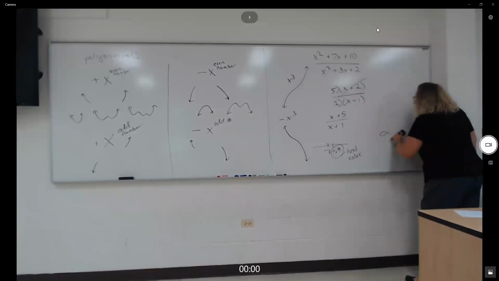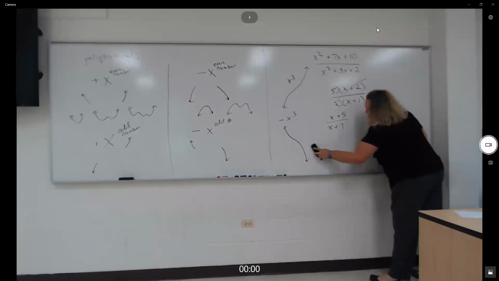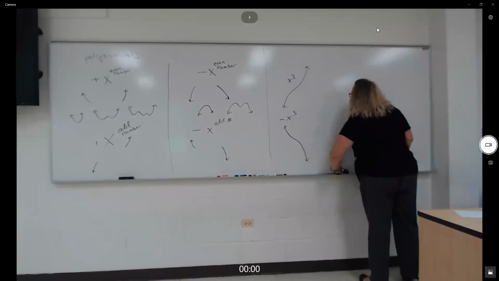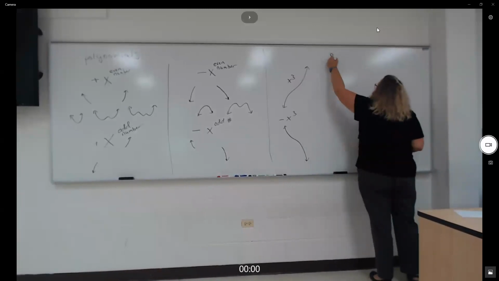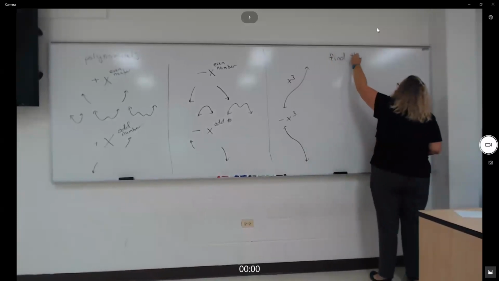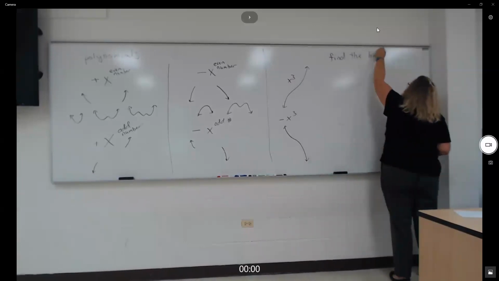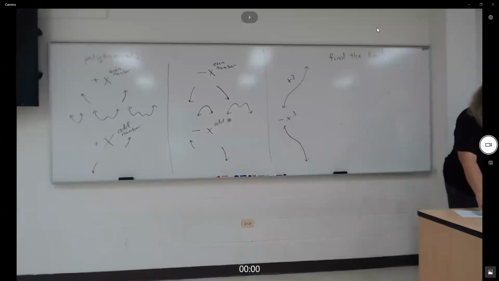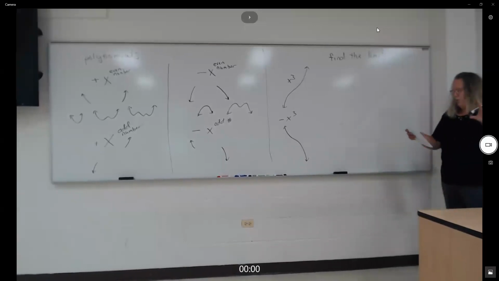Okay, so let's go back and do a few more. So this time we're going to find the limit. And the title was Limits Involving Infinity. Now this one's going to stick out a little bit more.